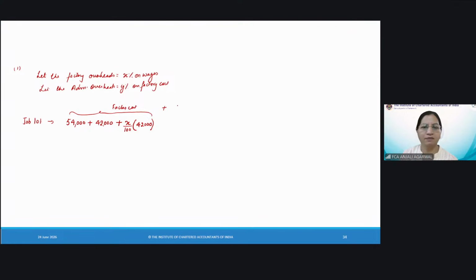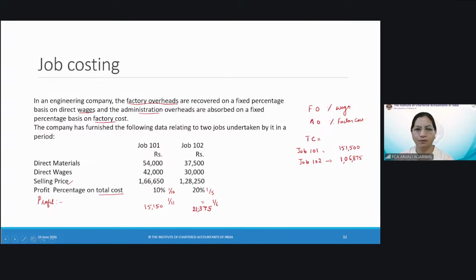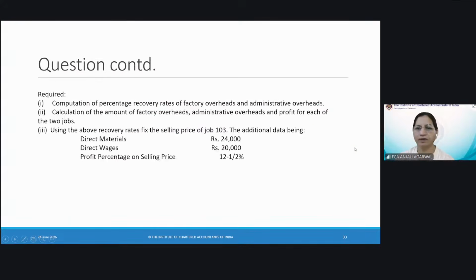In this, you will add administration overheads, which is Y percentage of the total, 96,000 plus 420x. If you solve this, which we know is equal to 1,51,500.